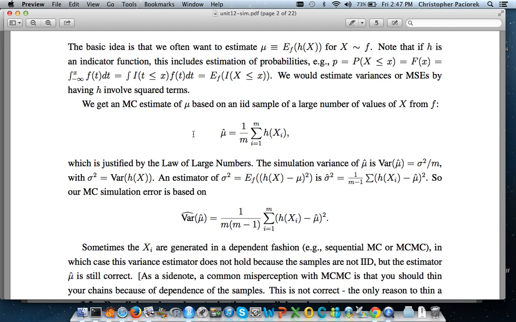An unbiased estimator would be 1 over m minus 1 times the squared deviations between the individual estimators and the average of all those, mu hat. But then there's another factor m that comes from the fact that there's an m, and if I put these two things together, plugging in sigma squared hat for sigma squared, I get that my simulation error is estimated this way, with basically two m's in the denominator.